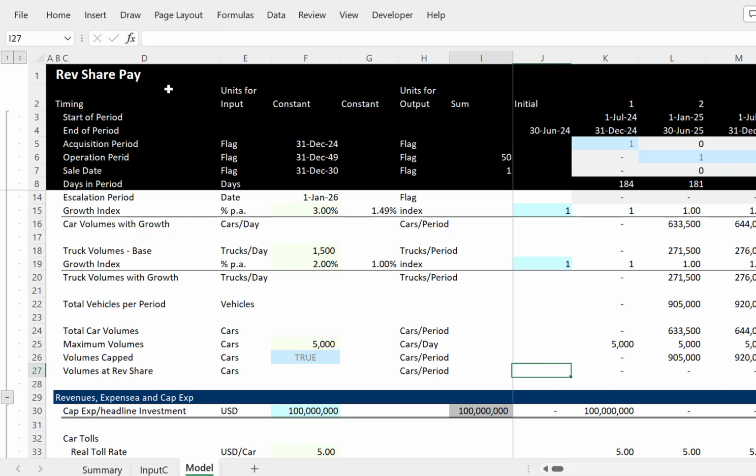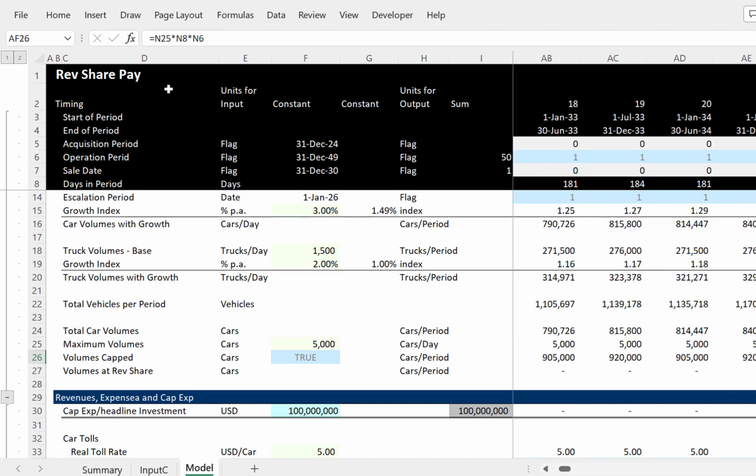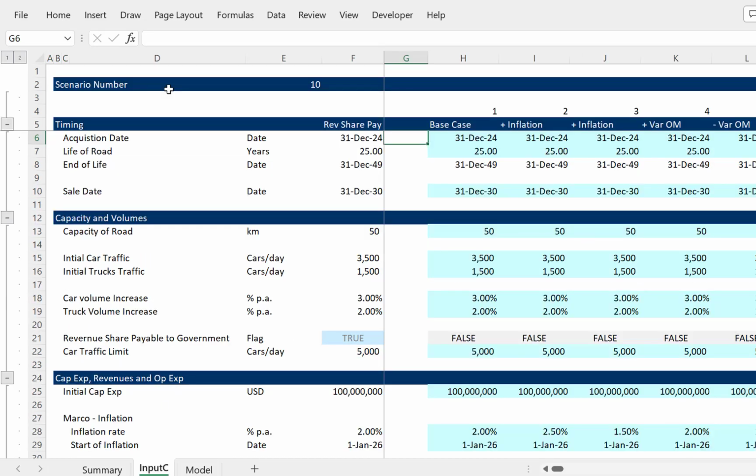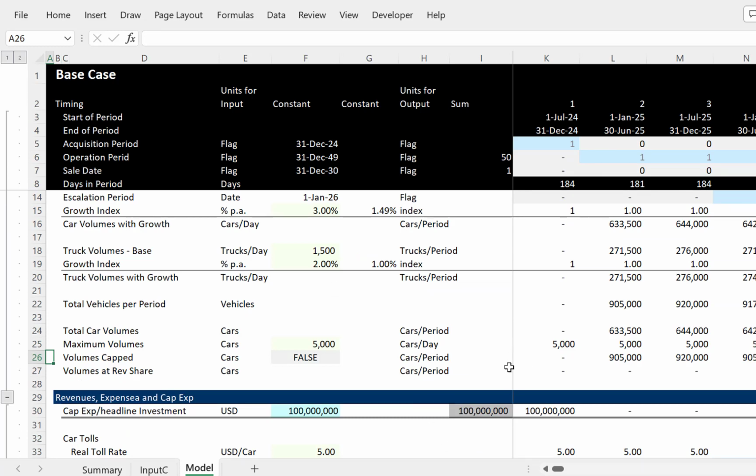And we have that. Right now we have the volumes that are capped. Now let's make this scenario number one. Of course, you should use a spinner box here.